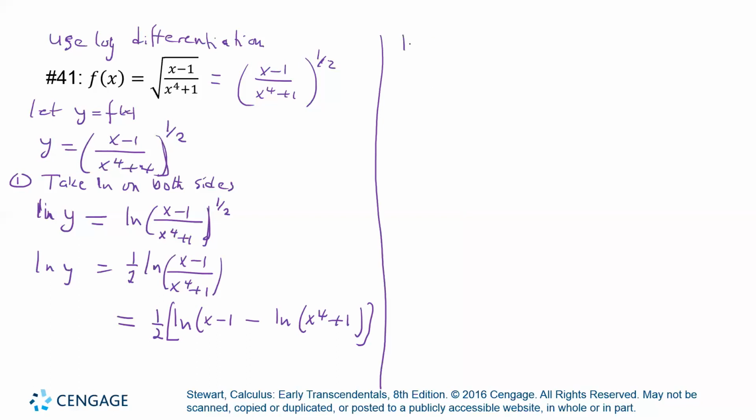So now I have natural log of y is equal to 1 half natural log of x minus 1 minus 1 half natural log of x to the 4 plus 1.